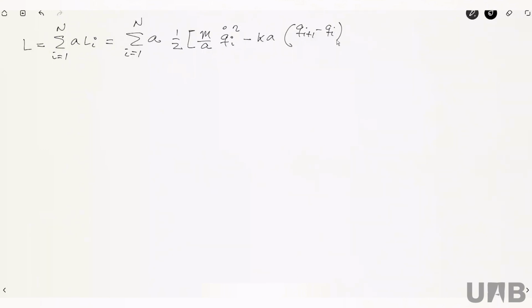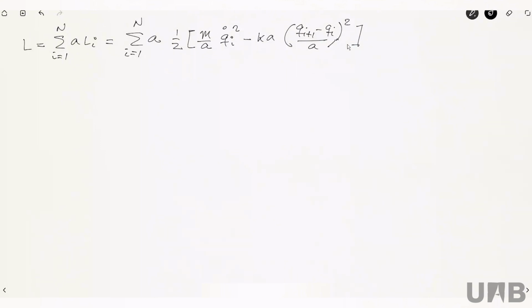So what was the Lagrangian? Well, remember, the Lagrangian L was the sum over i from 1 up to n of a times L_i. And L_i was what? It was 1/2 of the mass over a, q dot i squared, minus K a times (q_{i+1} minus q_i) divided by a, whole thing squared.